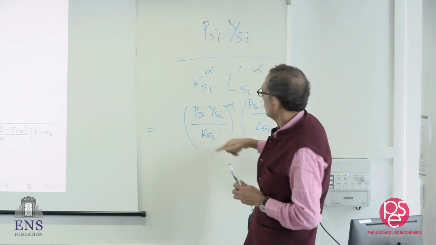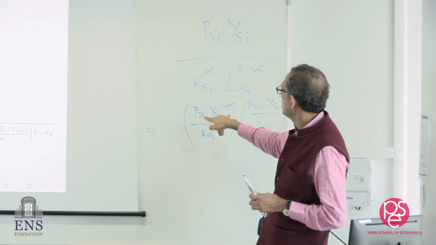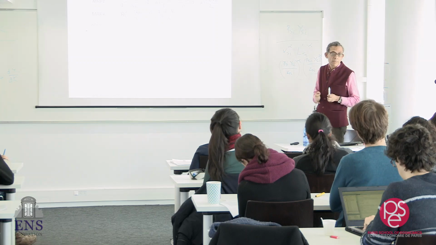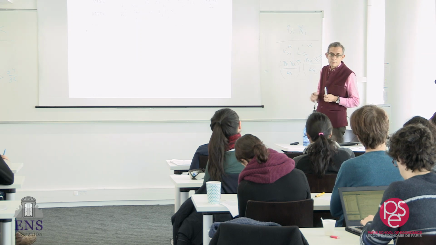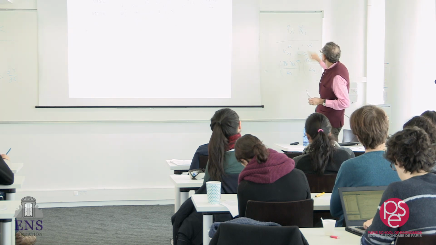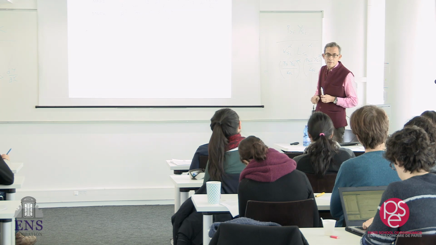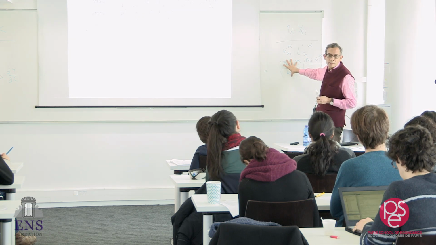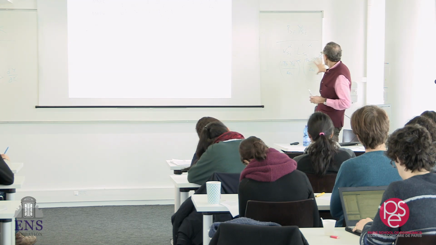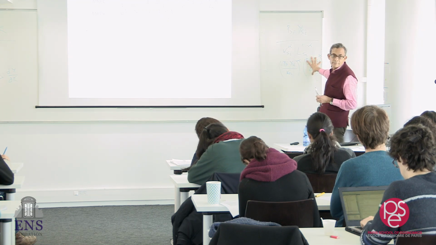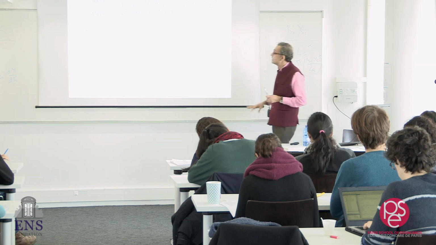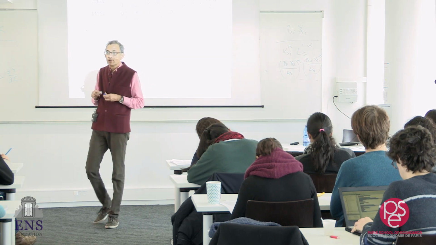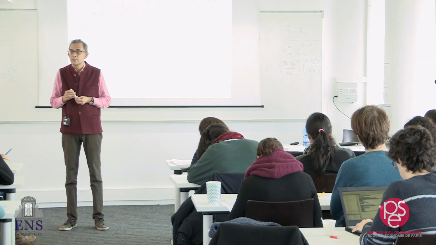This is exactly equal to that. All I've done is I've broken the numerator into two things that multiply into P_si. Do you see what I've done? This times this is that. This is the average product of capital. This is the average product of labor. So this thing that they're defining is just the product of those two, the average products.